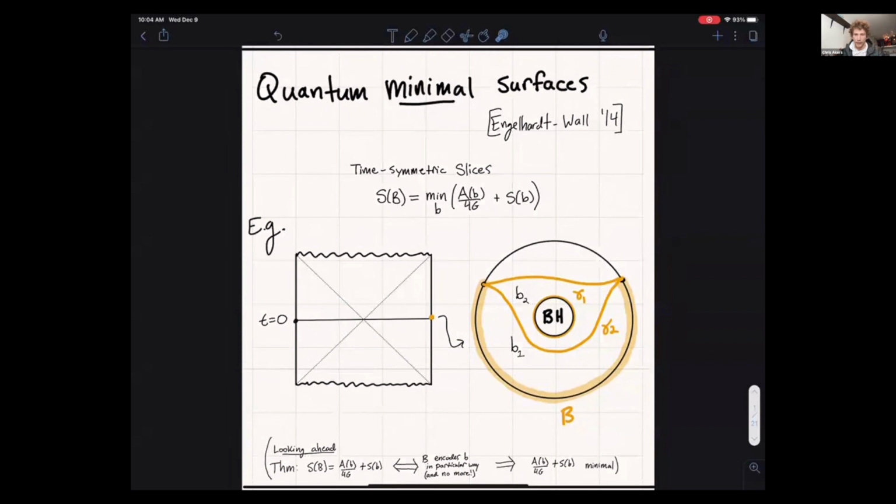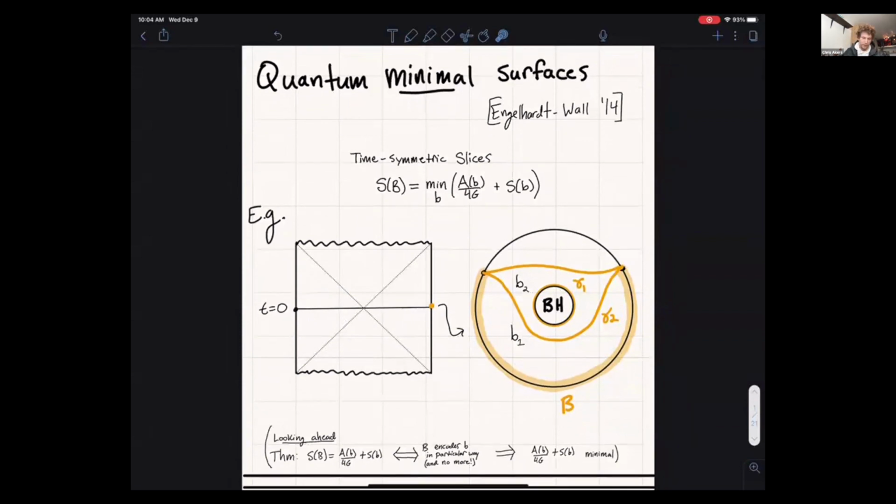So for example, if you consider the thermofield double, and you consider a slice like this that sits exactly at t equals 0, you can compute the von Neumann entropy of, let's just consider the right CFT here, and here I've drawn a time slice for it, and then you consider some subregion of that boundary.